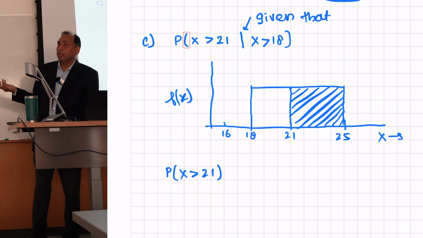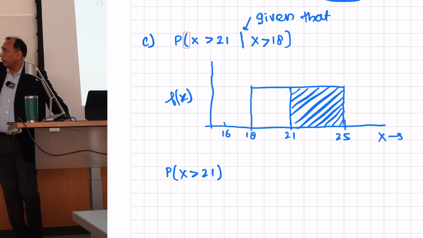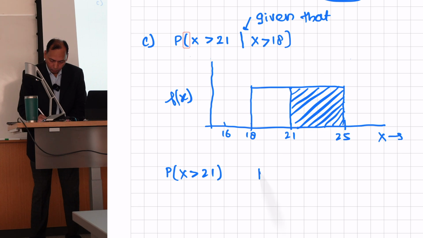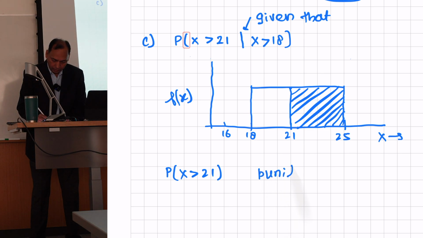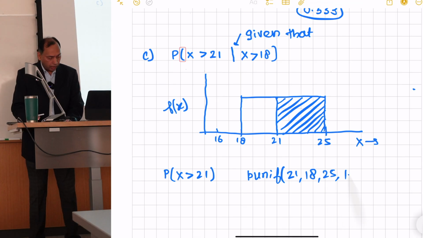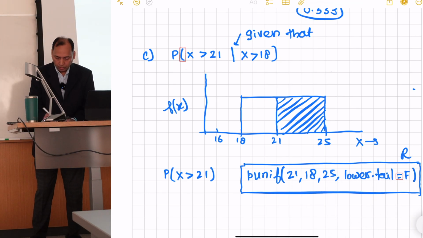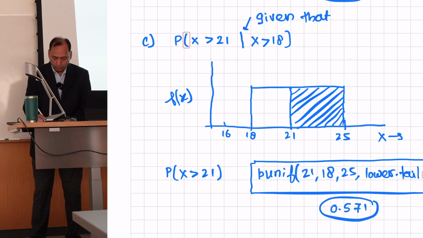So obviously the distribution changes, parameters change, the value of A changes, but the approach is similar. Now we are interested in area to the right of 21. And if you apply the formula, this will be your R function, that will give 0.571.